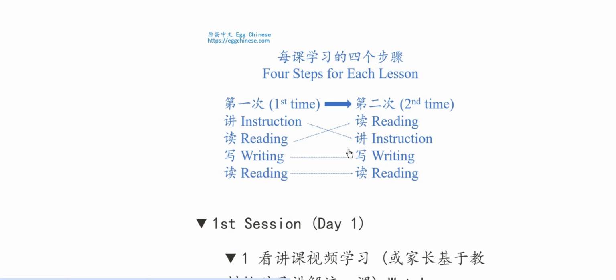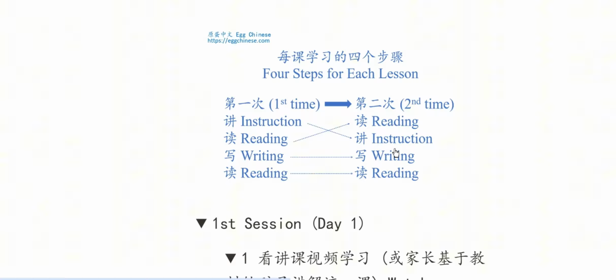Because the students have already known the lesson on the first day, at the beginning of the second time, we want the student to read the whole passage, including the common characters first, and if there is any problem or anywhere they don't understand, then they can move to the next step to watch the video lesson again. So this step is still instruction.